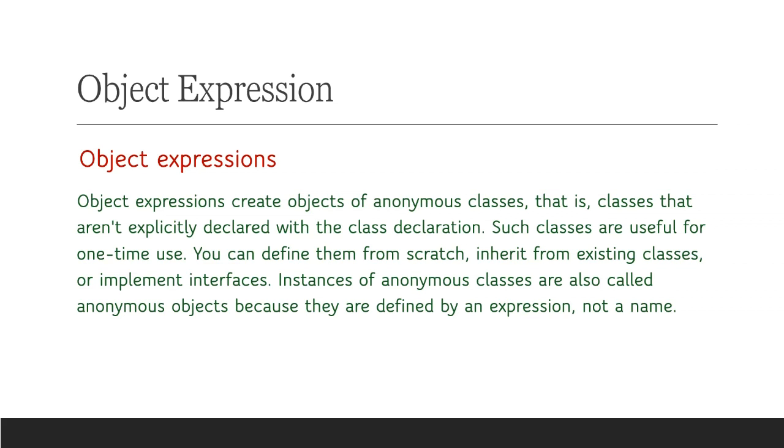You can define them from scratch, inherit, implement, and do a lot of things with them. Whenever you create an instance of that class, it is called an anonymous object because it is defined by an expression, not a name.